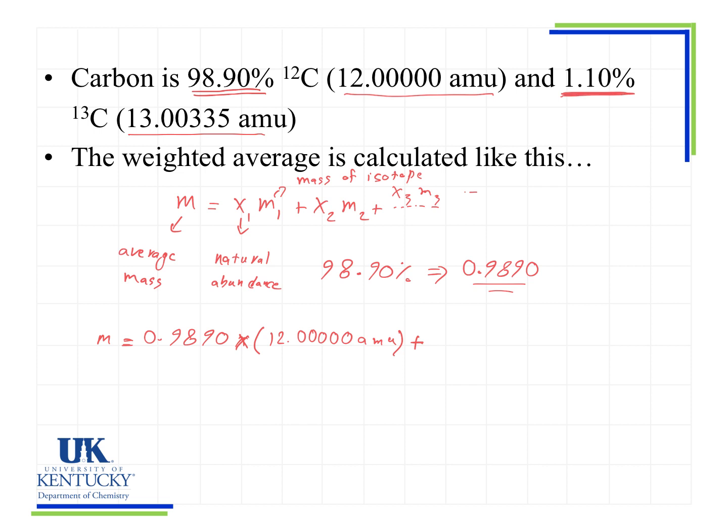Now, how do we write the ratio form for 1.10%? Well, we move 2 decimal places, so it's 0.0110 times the mass of our second isotope, which is 13.00335 AMU. And that will be 12.01, exactly as we saw in the previous slide.